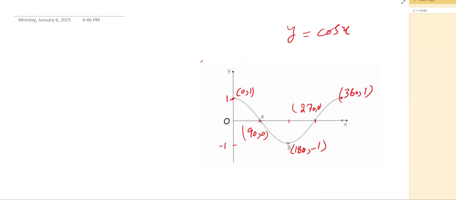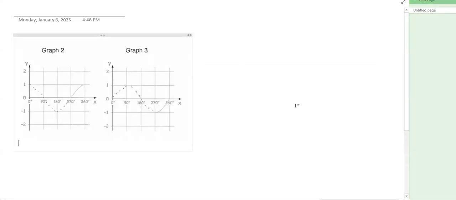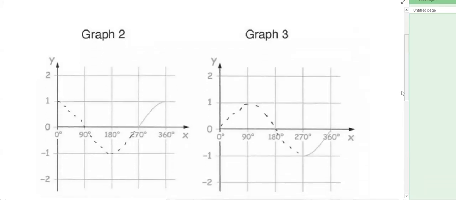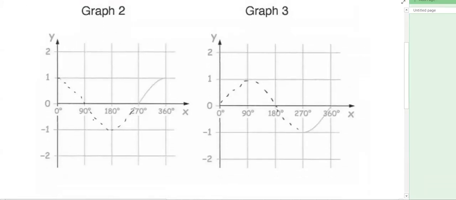Got it or not? Now, for example, I have a sketch here. These are the two sketches here. You can clearly see this is graph number 2.